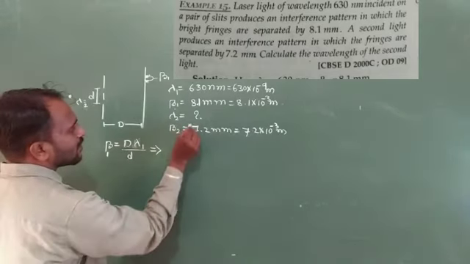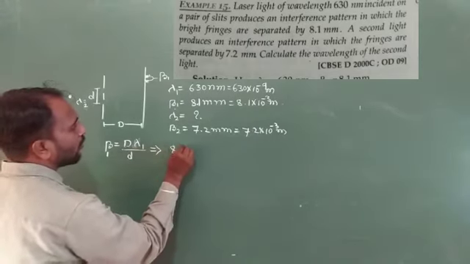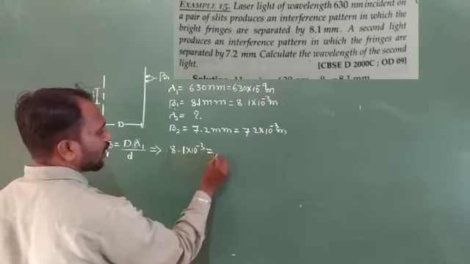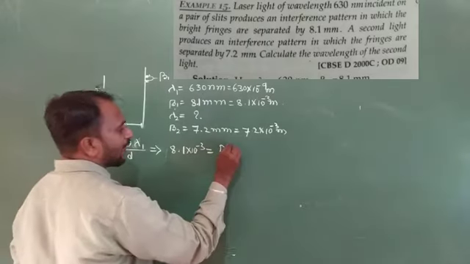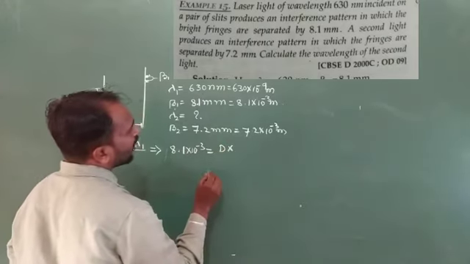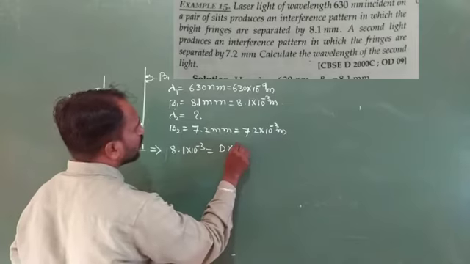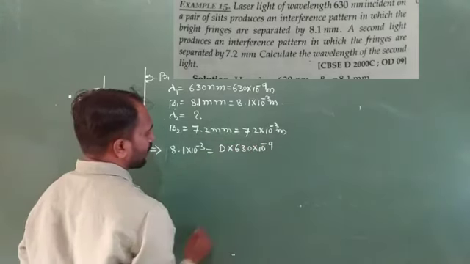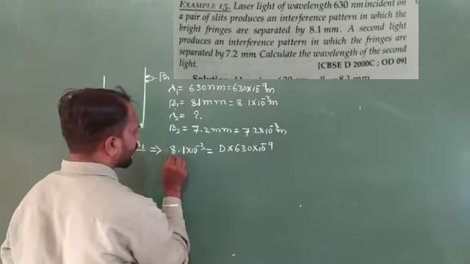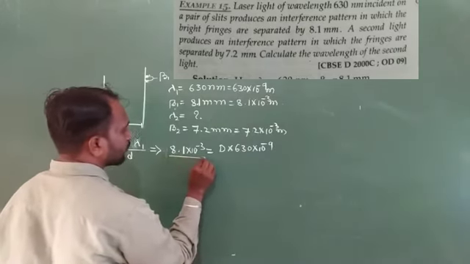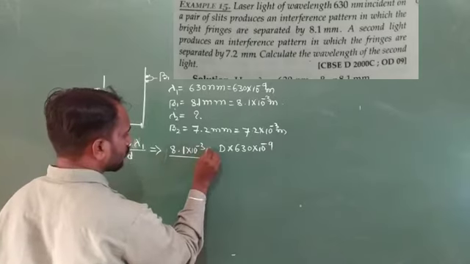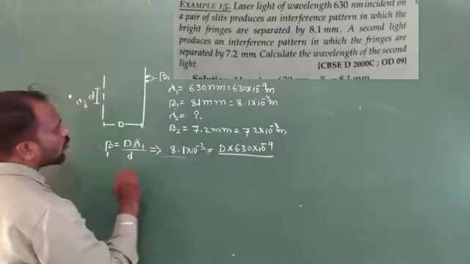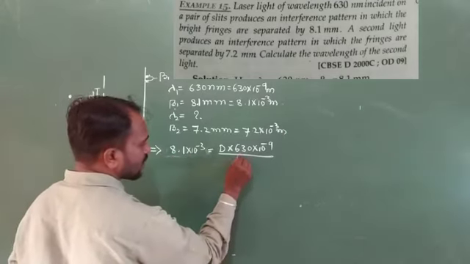So this beta value, 8.1 into 10 power minus 3, is equal to D as it is, and here lambda 1, so lambda 1 value is 630 into 10 power minus 9, divided by small d, whose value is as it is.